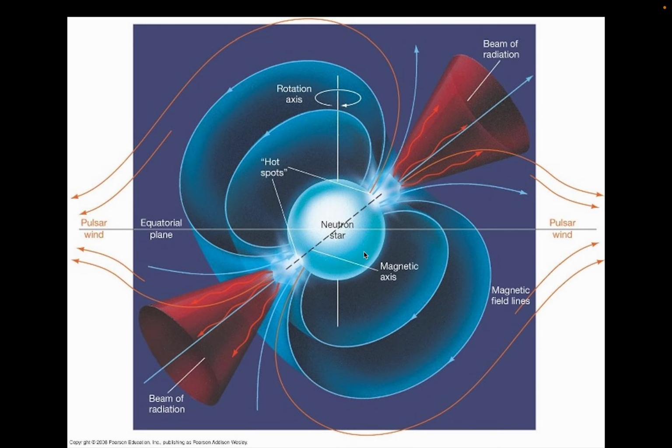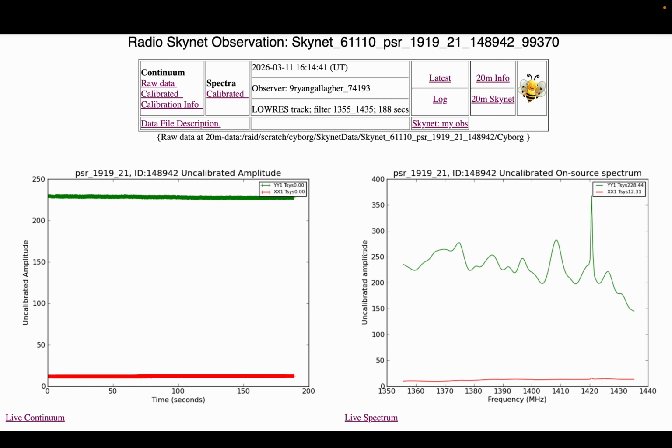In this module, we will try to detect this pulse and the period of that pulse. The pulsar I chose to study is pulsar 1919+21. I used Green Bank Observatory's 20-meter L-band receiver, which detects radio waves with frequencies between 1,300 MHz and 1,800 MHz.